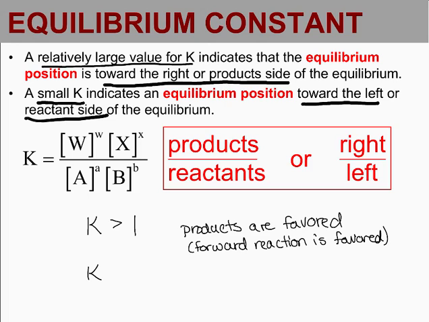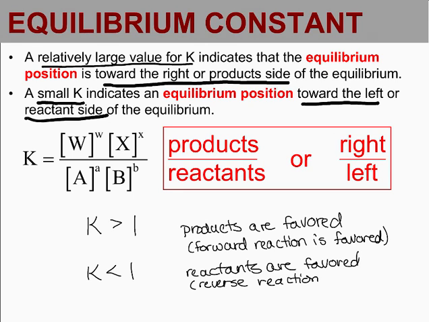Now, if K is less than 1, then reactants are favored, or you could say the reverse reaction is favored. And then if K is equal to 1, that means the concentration of the products is equal to the concentration of the reactants, so neither side is favored.